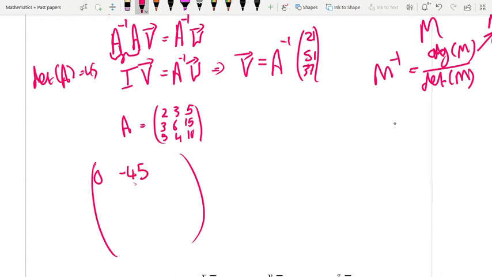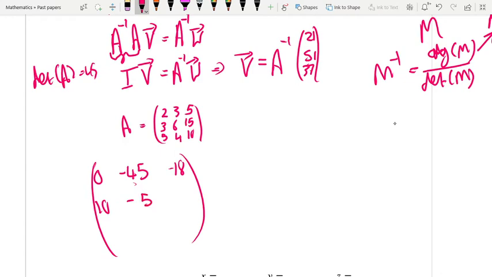This is going to be 12 minus 30 is minus 18. Minus 18, I've already done these before with the calculation of the determinant. So this is going to be 30 minus 20, this one is 10, I can do that in my head. This middle one is going to be 20 minus 25, so that's going to be minus 5. I can do these in my head.